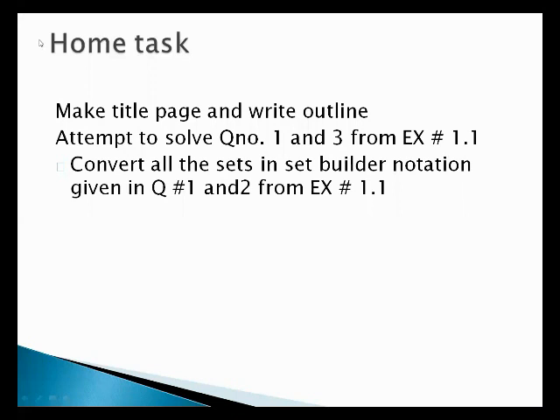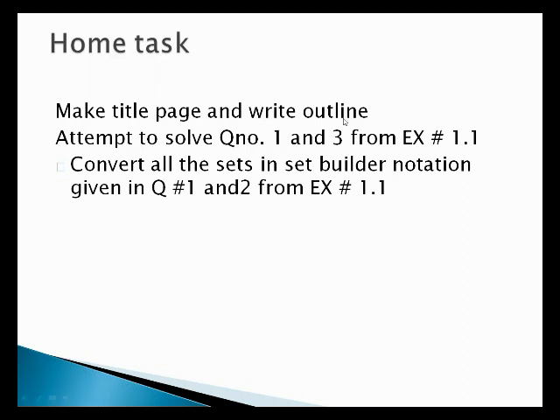Now it's time for home task. Make title page and write outline. As you know, you are going to start your homework for chapter number 1. So first of all, you make a title page in which you will write chapter number, name of the chapter, including exercise, starting and ending date.